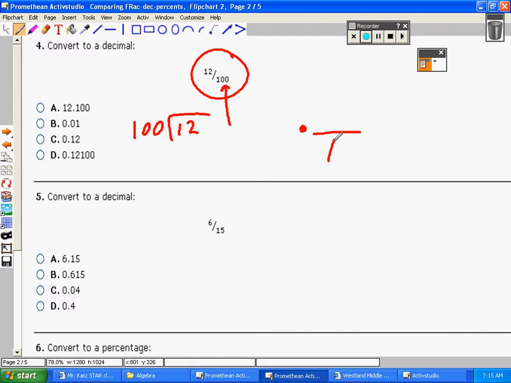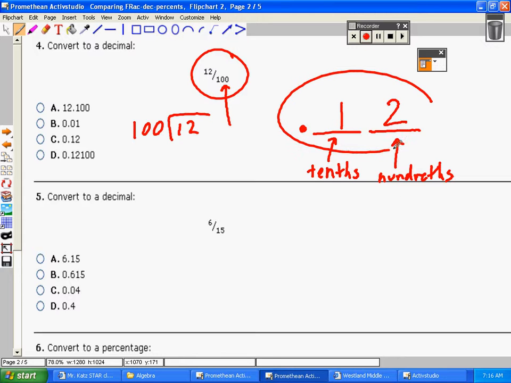Because remember, the first place to the right of the decimal is the tenths place. The second place is the hundredths. So when our denominator is 100, I could just read this. 12 hundredths. So it's a 12 that ends in the hundredths place. There's my answer. 12 hundredths. A lot easier than dividing it, right?